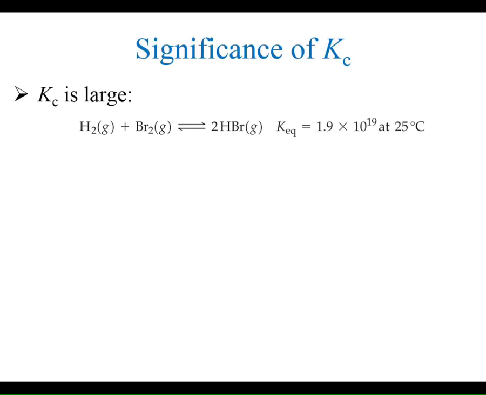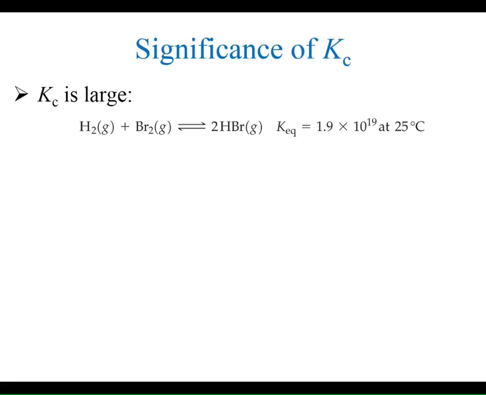But I want to mention what I was saying before about the magnitude of K. K is the ratio of the products over the reactants. Let's say K is much bigger than 1, like 1.9 times 10 to the 19th. That's a big number. That tells me about the amount of products to reactants. I must have lots of products, right?